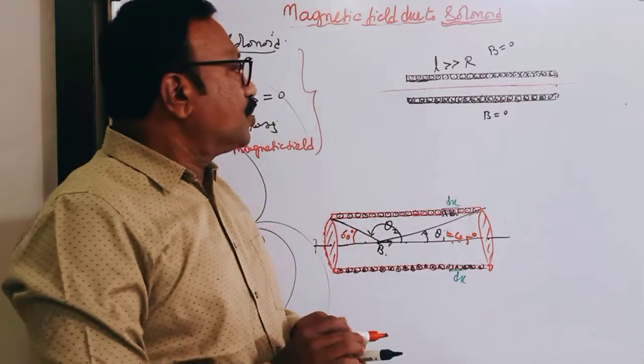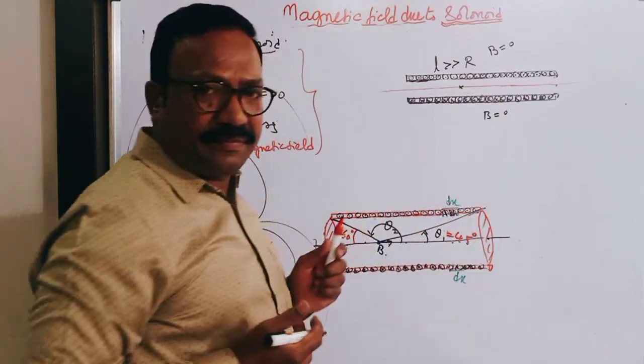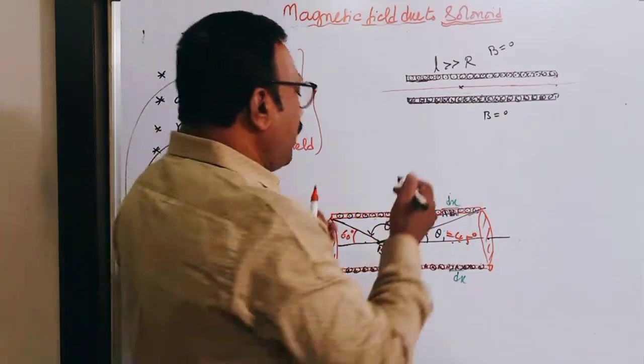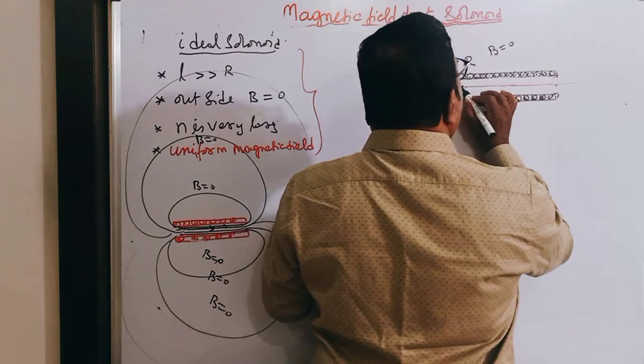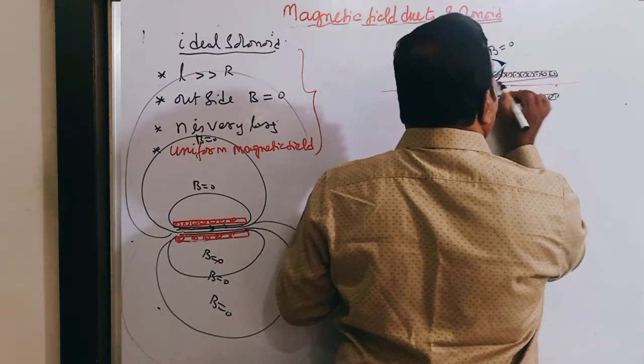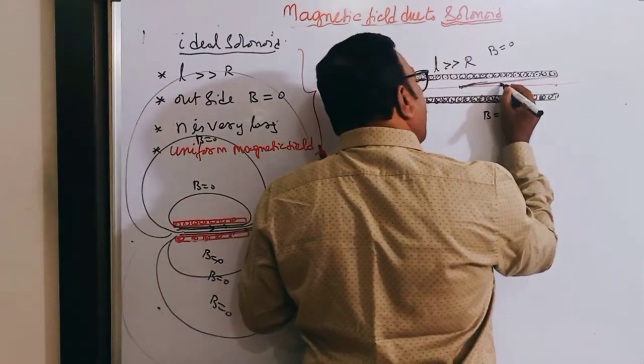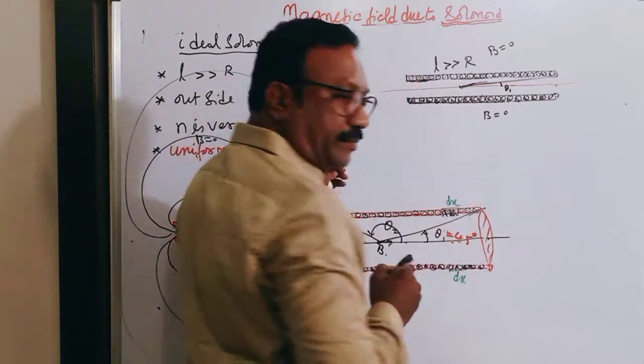Let us say I want to calculate the magnetic field at this point. So join a line to this end, like this. Observe this angle, theta 1.